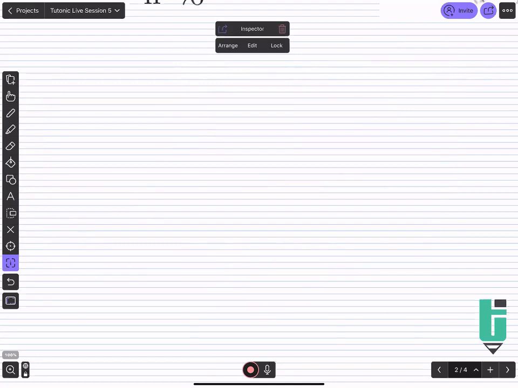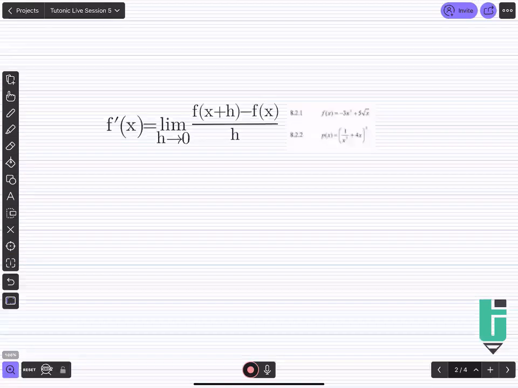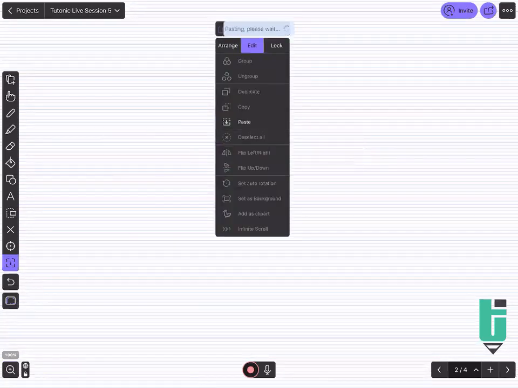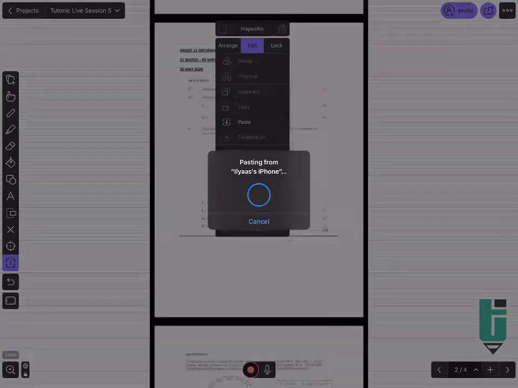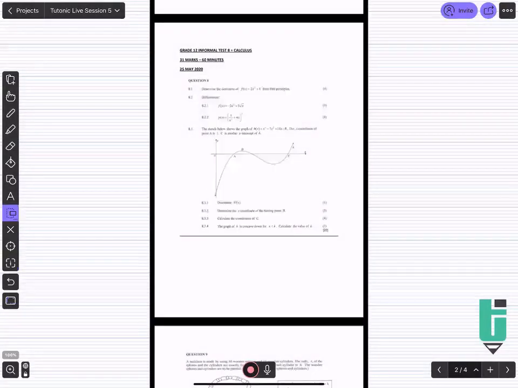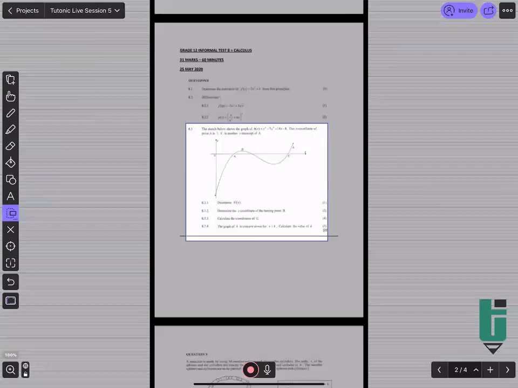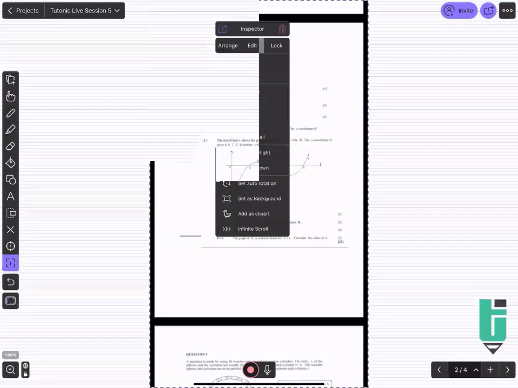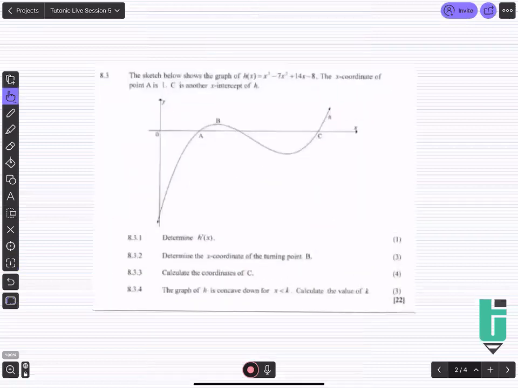It's a graph. Okay. What type of graph is this? Cubic function.